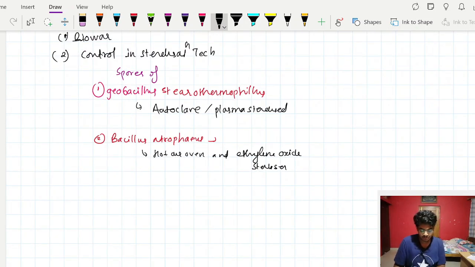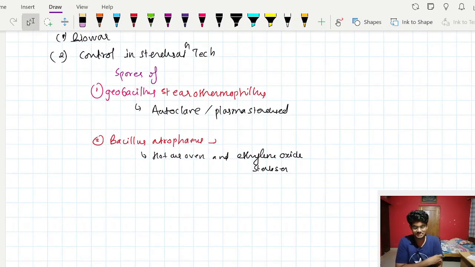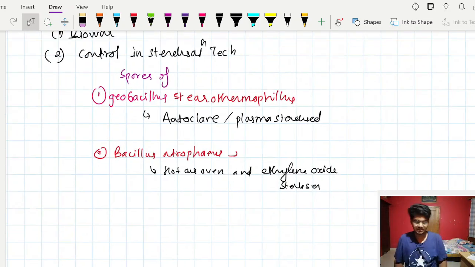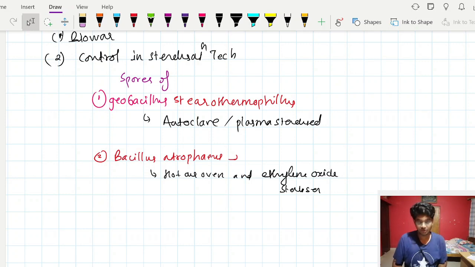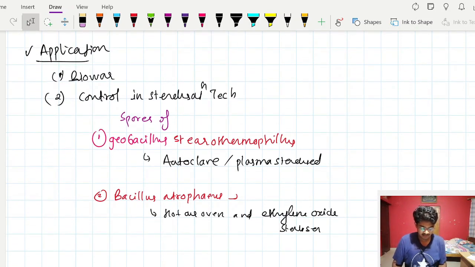So you see, the spores of Geobacillus stearothermophilus are used in the autoclave and plasma sterilizer, and Bacillus atrophaeus is used in the hot air oven and ethylene oxide sterilizer. So these are the two applications of spores.